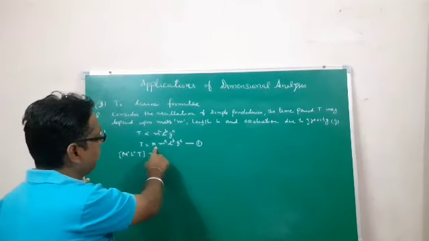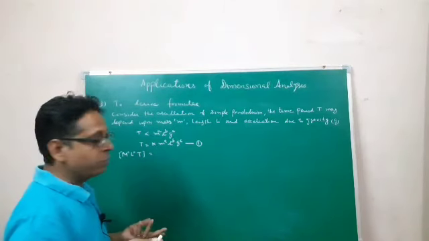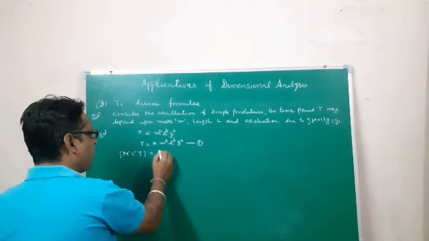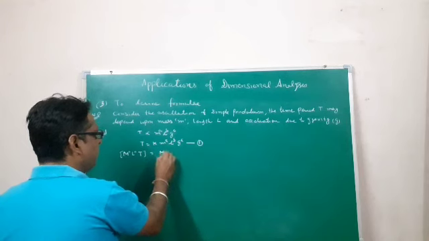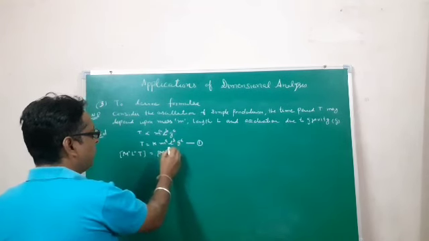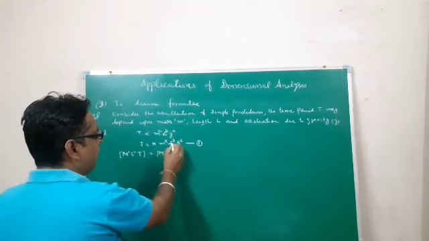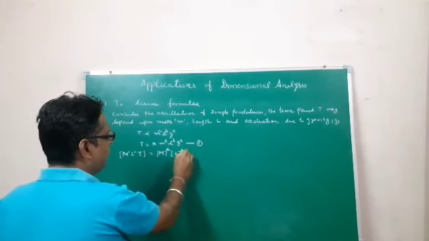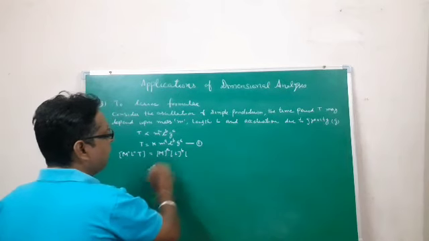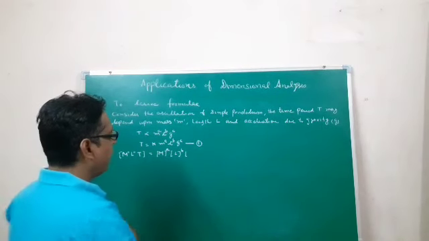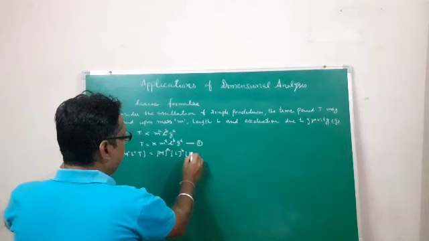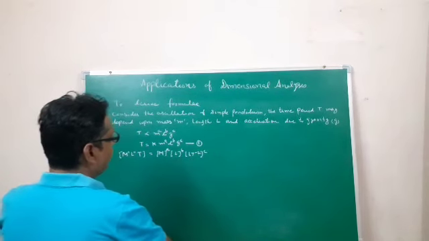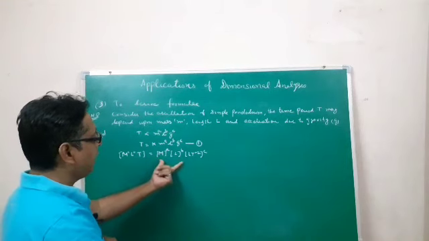As you know students, a constant quantity is dimensionless. Now this is mass M, so this is M raised to power a. Then I have length L, so this is L raised to power b. Now g is acceleration due to gravity, and acceleration is L T minus 2, so this is raised to power c.